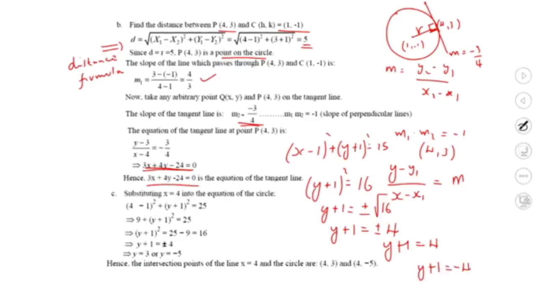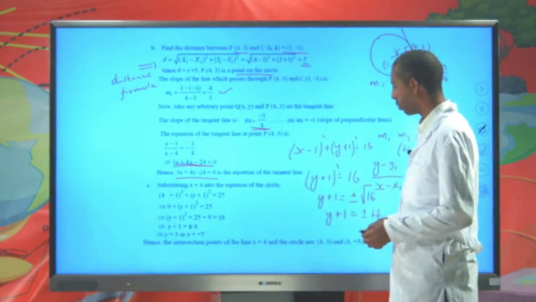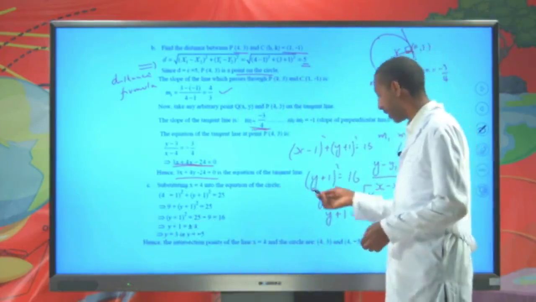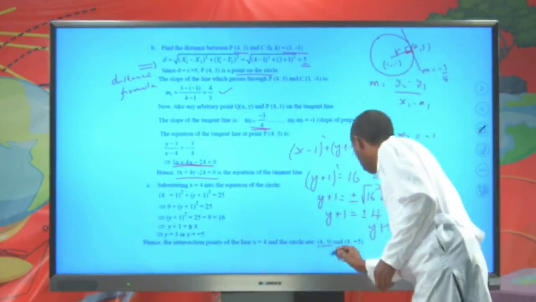If you solve for y, your answer will be y is equal to 3 or y is equal to minus 5. Hence, the intersection points of the line x is equal to 4 are (4, 3) or (4, -5). This is how to solve C.